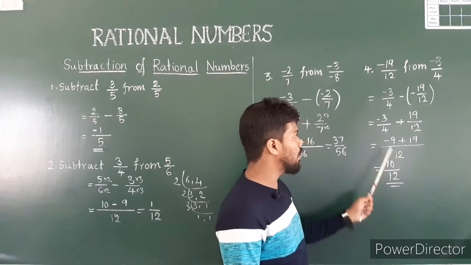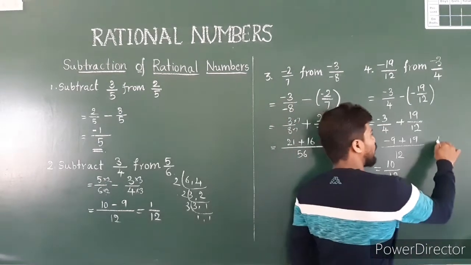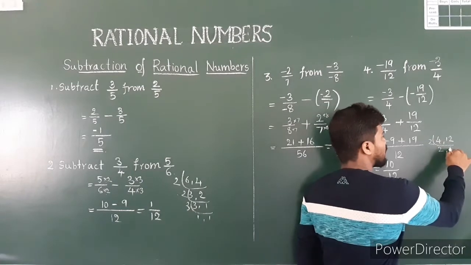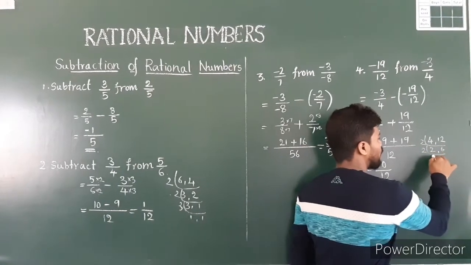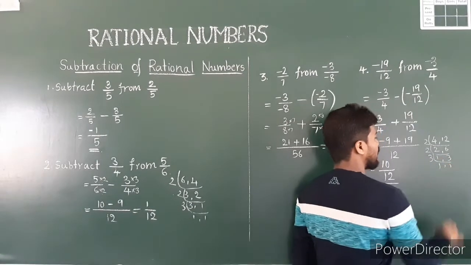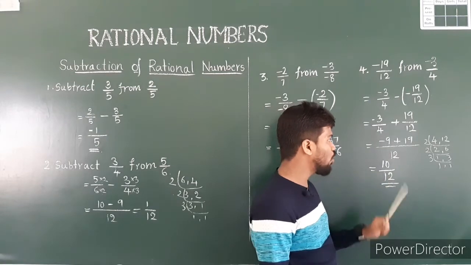Now you find the common denominator for 4 and 12. The LCM for 4 and 12: dividing by 2, 2 and 6, then 2 and 3, 3 and 3, 1 and 1. So the LCM is 2 twos are 4, 4 threes are 12.